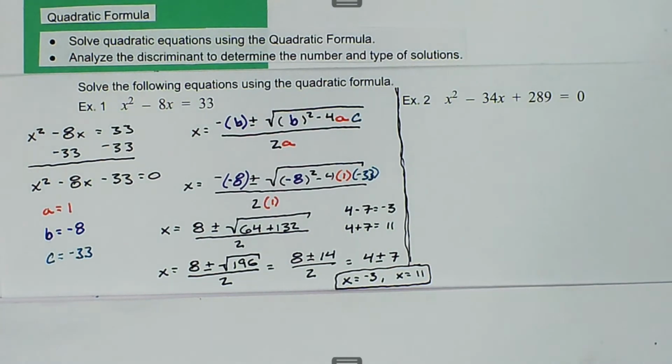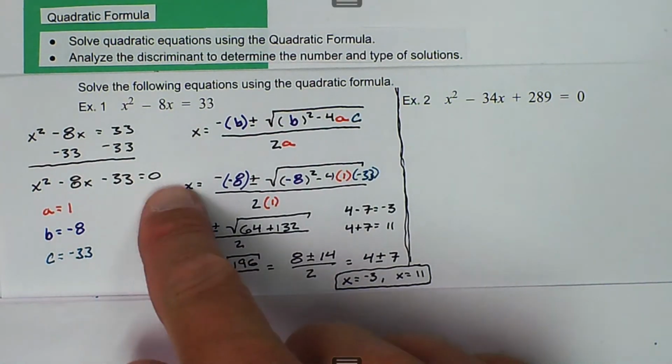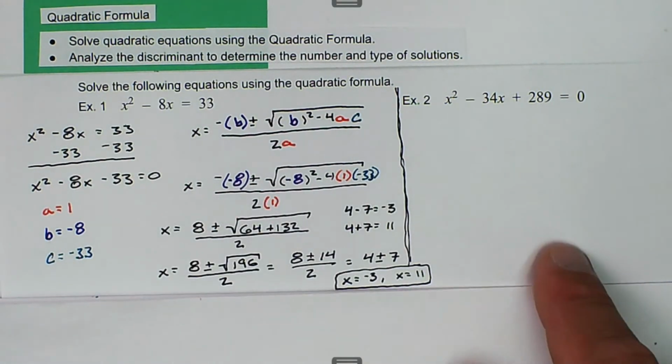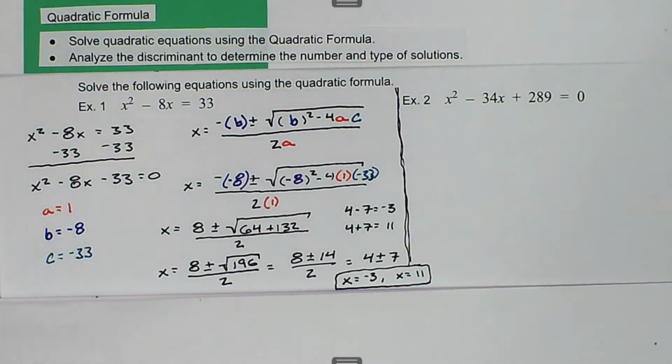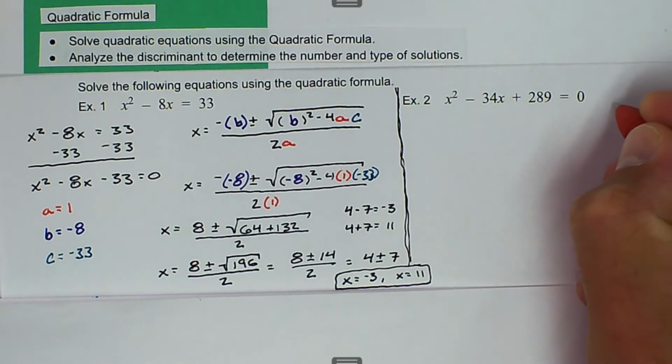Let's look at this other example here. We have x squared minus 34x plus 289. And in this case, it's already set in standard form, so we don't have to solve to get 0 like we did on this one. So we can just write down what our variables are.